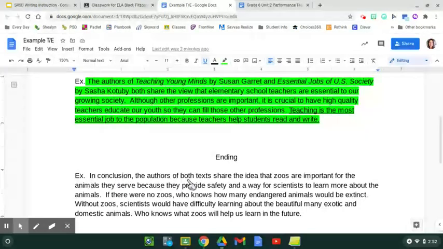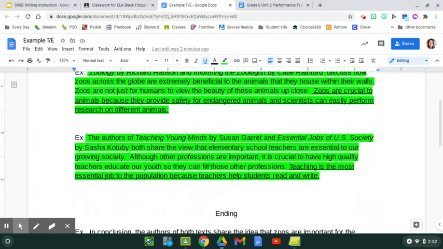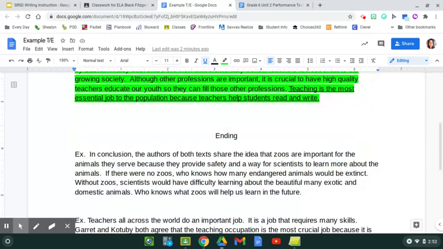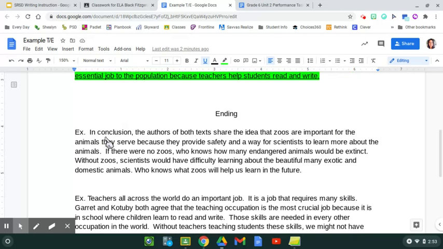The authors of both texts share the idea that zoos are important for the animals they serve because they provide safety and a way for scientists to learn more about the animals. Where did I see that before? Oh, I saw it in my thesis. So I took my thesis from my topic introduction and I reworded it a little bit so that I could put it in my ending.